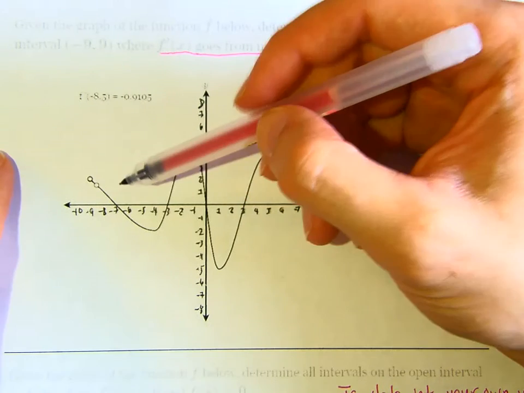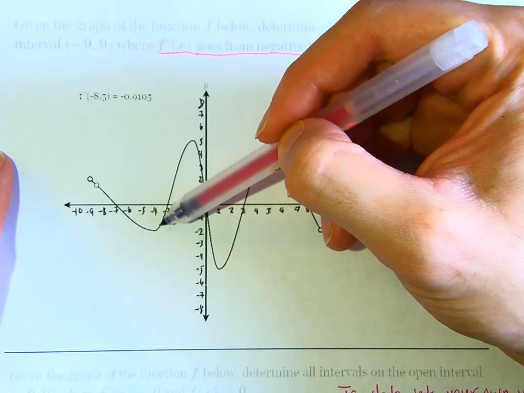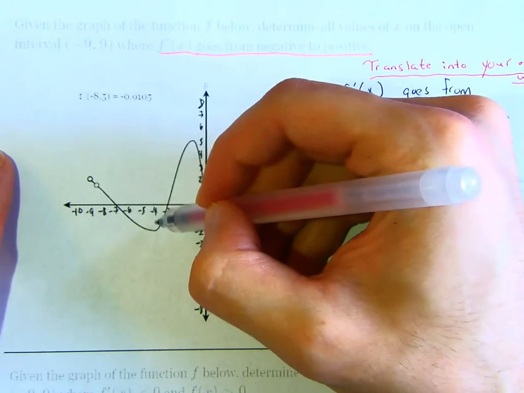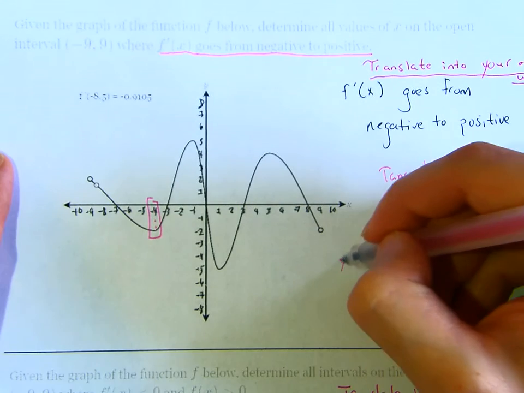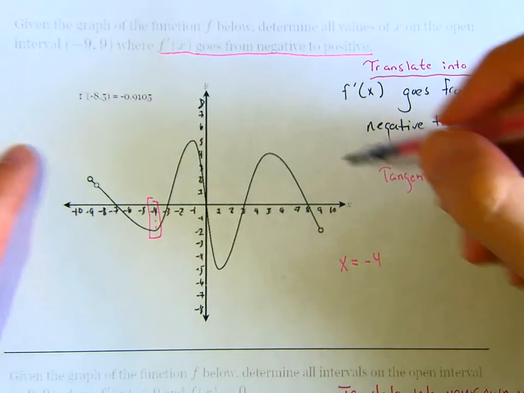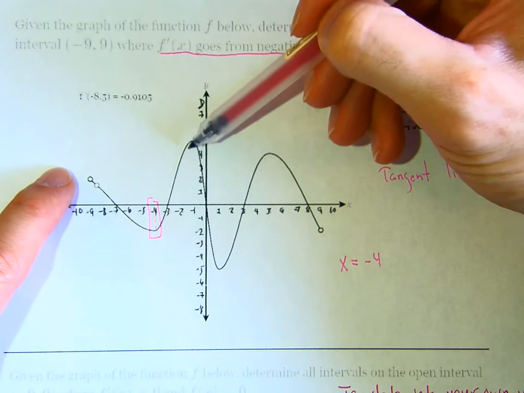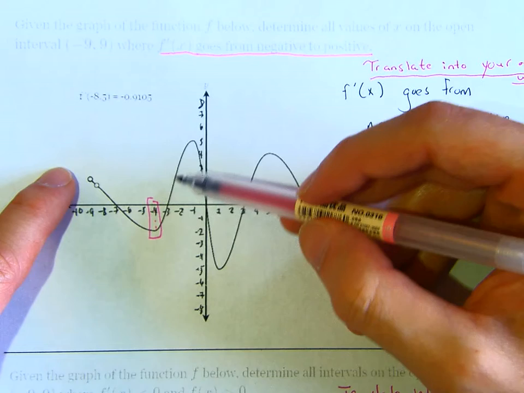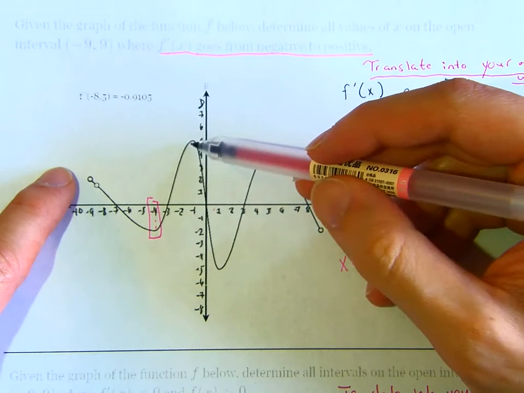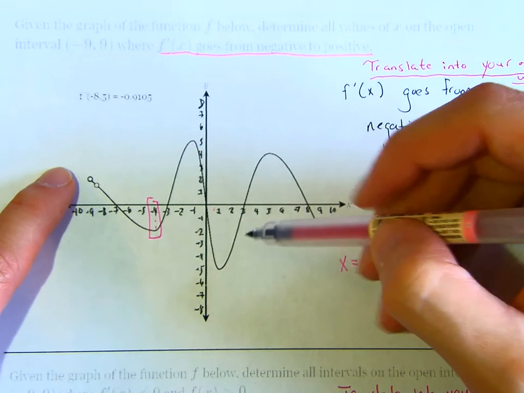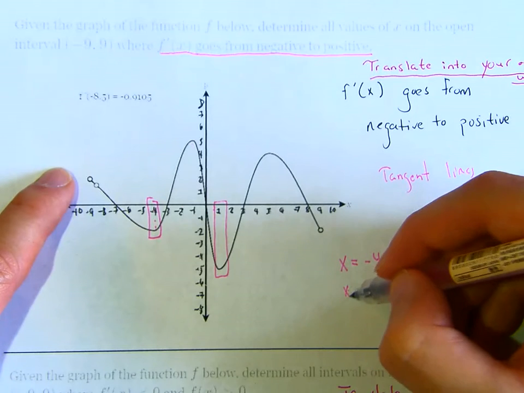Okay, so notice that here, negative, negative, negative, negative, negative, 0, positive. So definitely at negative 4 over here at this point. So x equals negative 4 is one of them, because notice that the tangent lines are negative, 0, positive. Now this goes from positive to negative, so we don't want here. This goes from negative to positive, so here this is one of them at x equals 1.